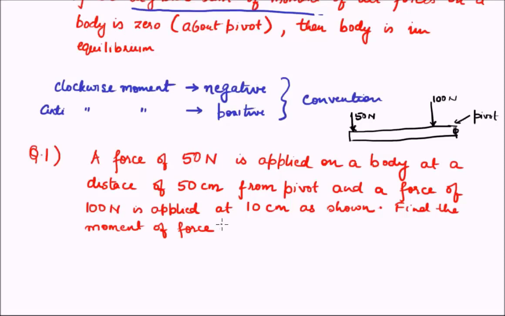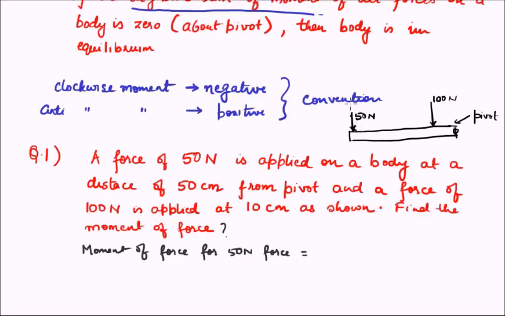What is the moment of force? We'll find the moment of force for the 50 Newton force first. Moment of force for the 50 Newton force is the applied force into the perpendicular distance from the pivot.